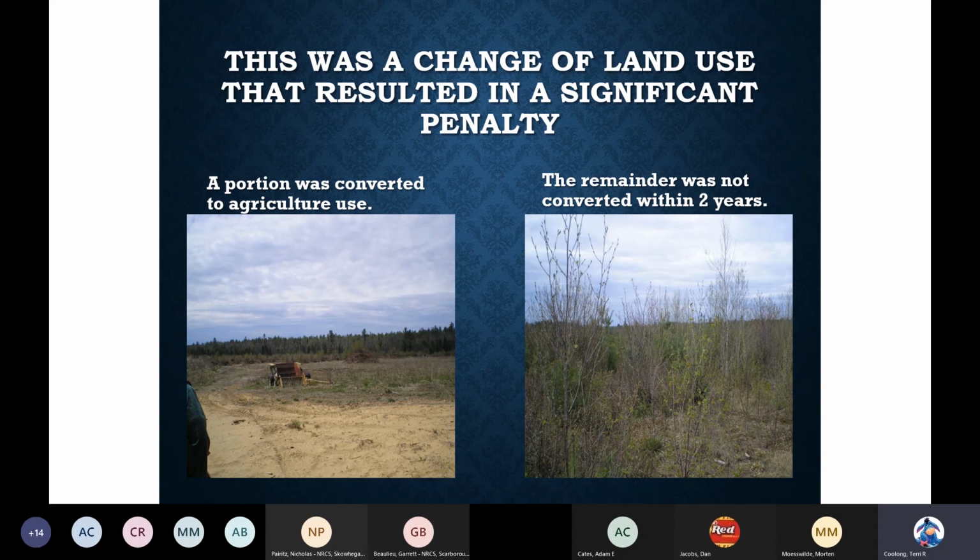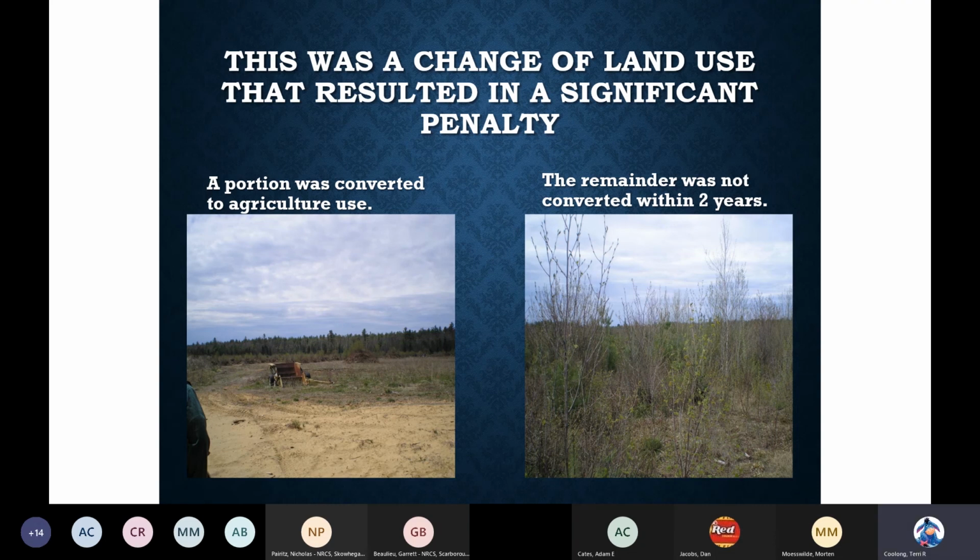Their equipment couldn't handle as much work as they thought it was going to, and it was not converted within 2 years, and it started growing back into woodland. So the portion that was converted to the agricultural use, we said, yep, that was a change of use. You did what you were supposed to do. They did get a penalty on this other part because they did not get it changed within that 2-year period.